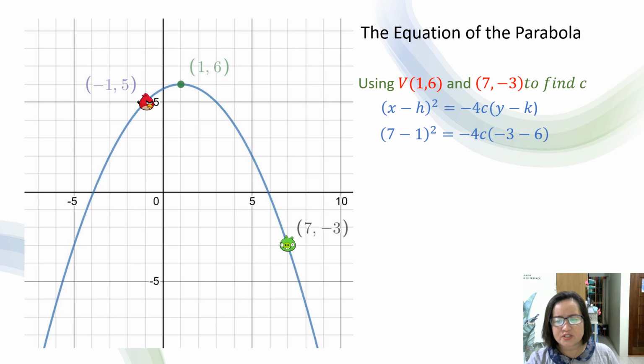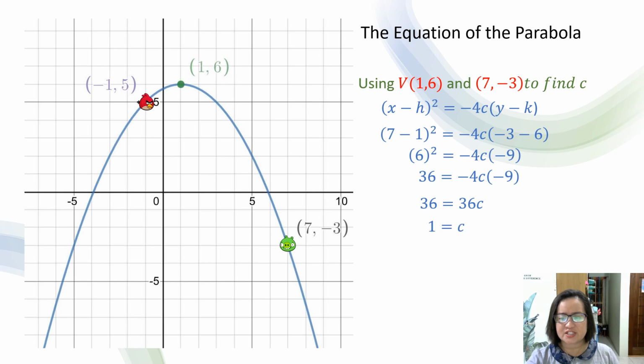Simplifying, we will have 7 minus 1 is 6, then -4c times the quantity -9. Squaring 6, we will have 36. On the other side, we will have -4c times -9, which when simplified will give you 36 equals 36c. Hence, we will have c equals 1, by dividing the equation by 36. So again, we were able to get the value of c, which is equal to 1.